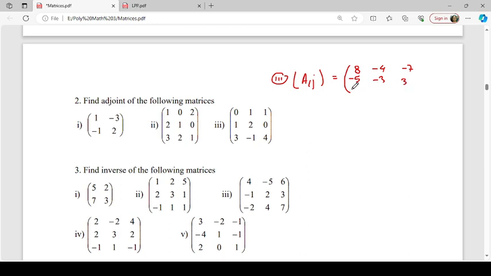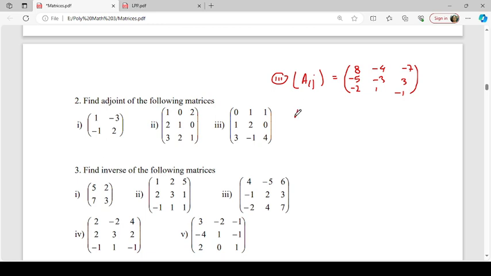Then for A31 it is 0 minus 2, it is minus 2. For A32 it is 0 minus 1, it is minus 1, minus of minus 1 is plus 1. And for A33 it is 0 minus 1, it is minus 1 again. So this is the cofactor matrix.